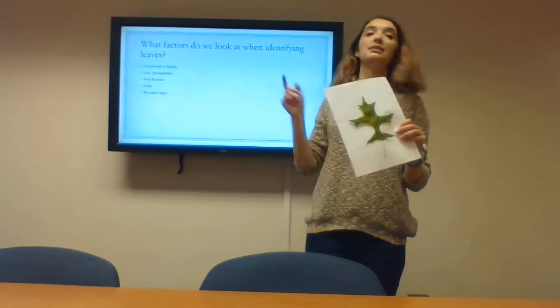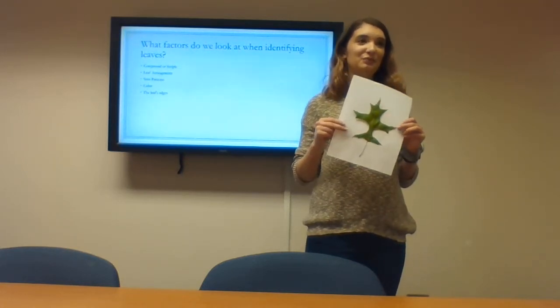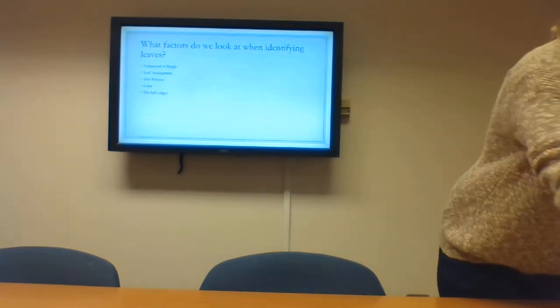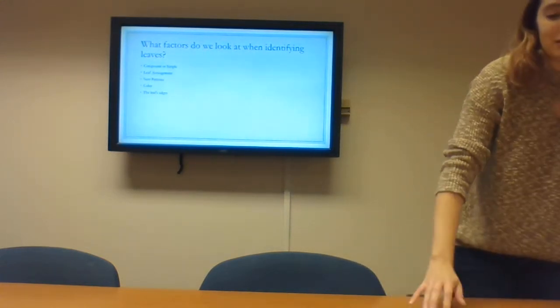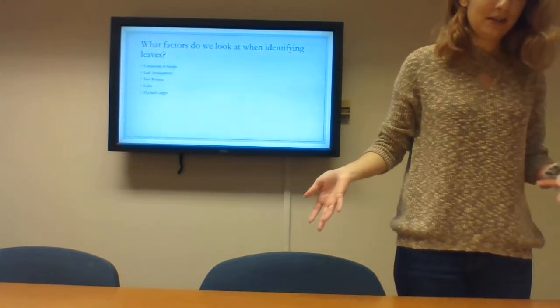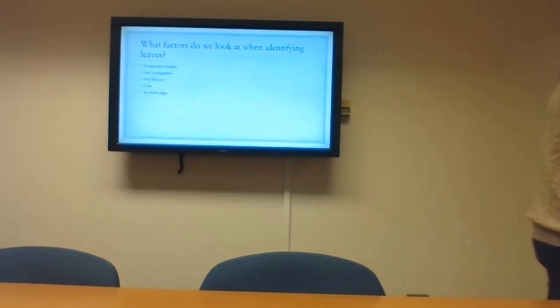It's not one we went over in the slideshow, so it's pretty tricky. It's a pin oak. The way I like to figure this out is because it's pretty slim with the pin. So that one's pretty tricky.